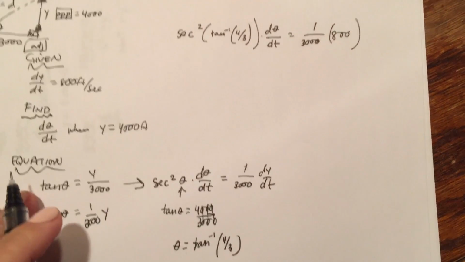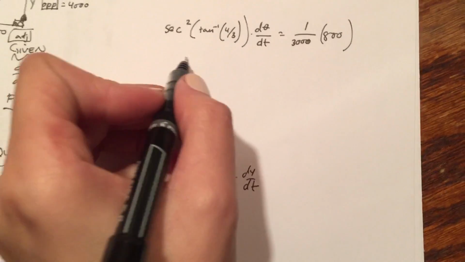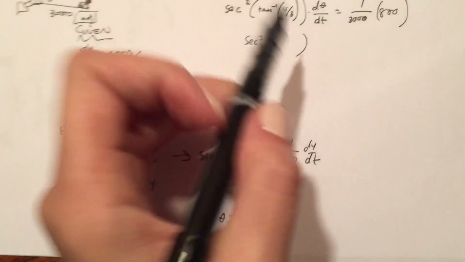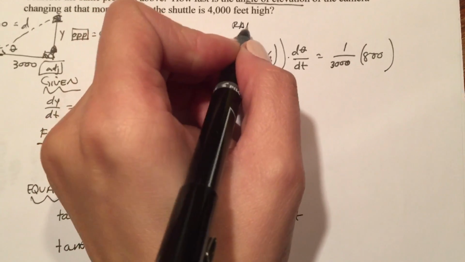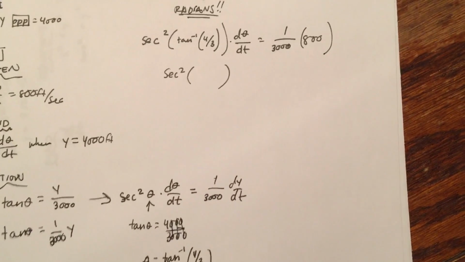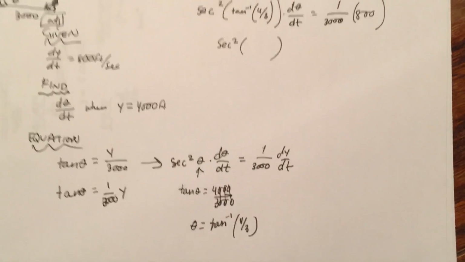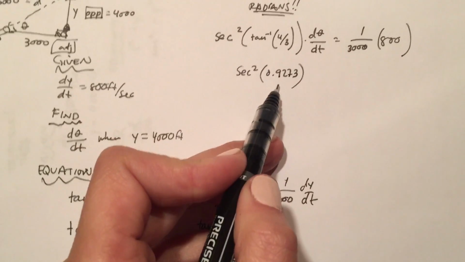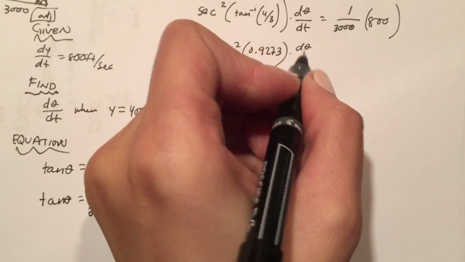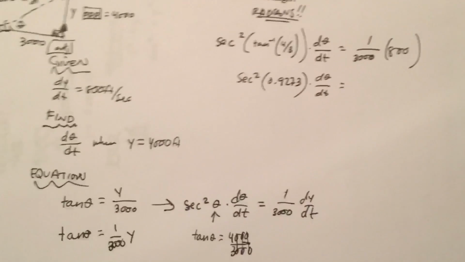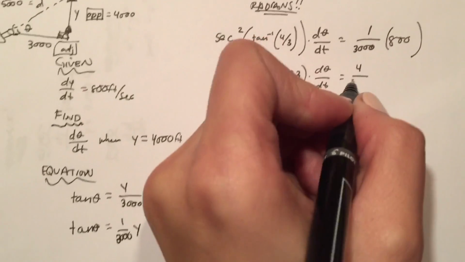Okay. All right, cool. So I'm going to calculate this step by step. So this is going to be secant squared. And then if you do the inverse tan of 4/3, make sure your calculator is in radian mode, because we want to keep things in radians. In calculus, we tend to work more in radians than with anything else, rather than degrees. Okay. So I'm going to just estimate this, that we got on our calculator, times d theta dt is going to be 800 basically divided by 3,000, which as a fraction we'll keep as 4/15.